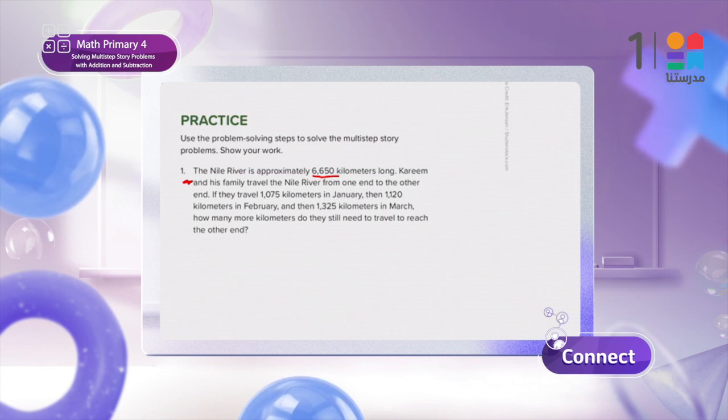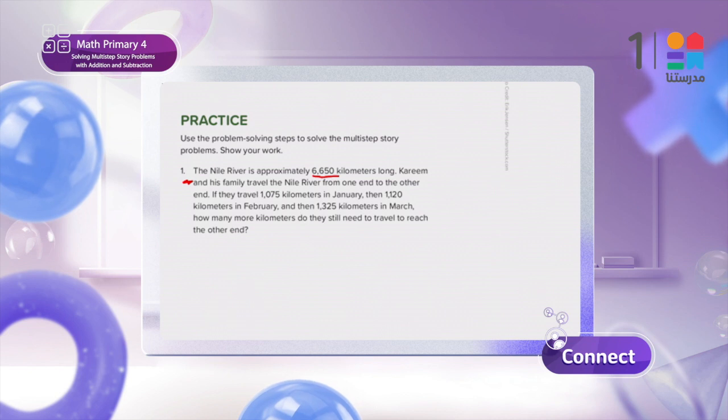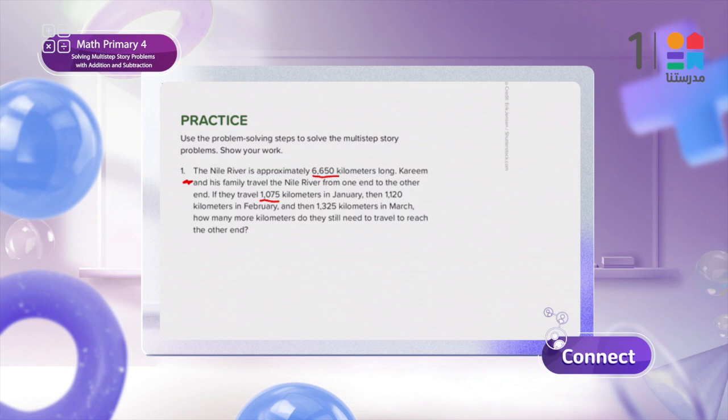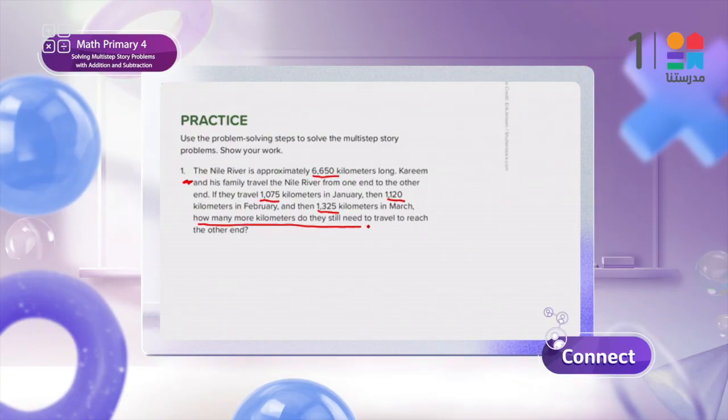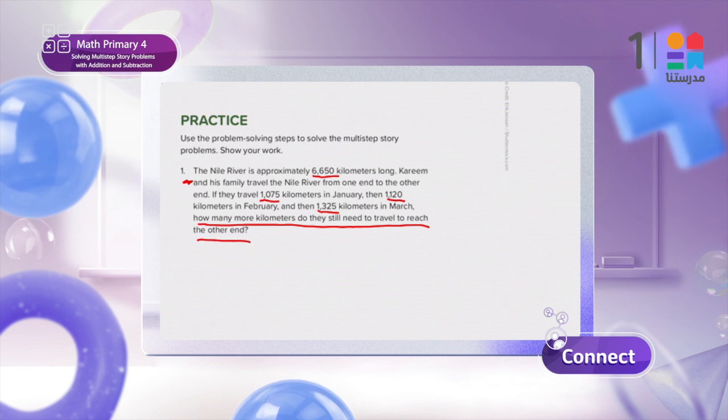Karim and his family traveled the Nile River from one end to the other end. If they travel 1,075 kilometers in January, then 1,120 kilometers in February, and then 1,325 kilometers in March. What is my question? How many more kilometers do they still need to travel to reach the other end?